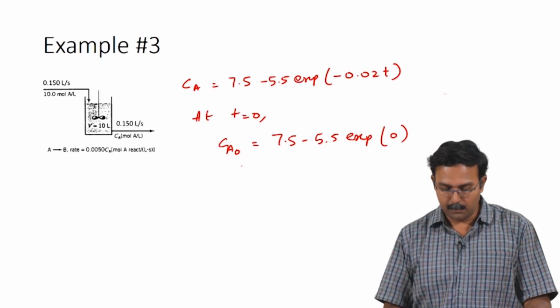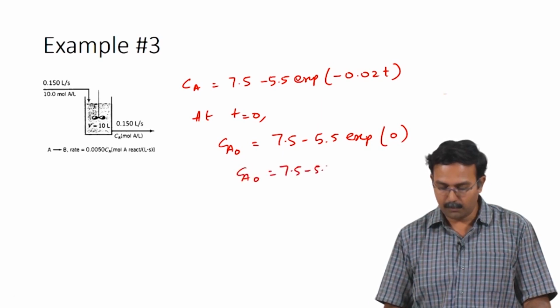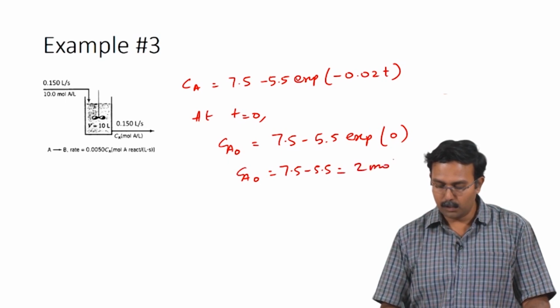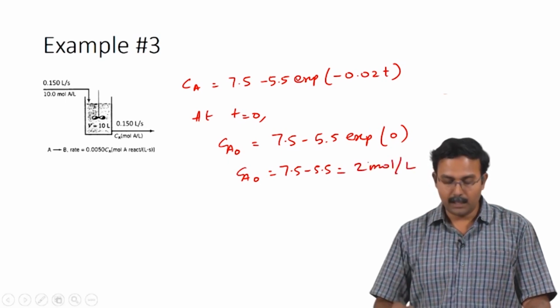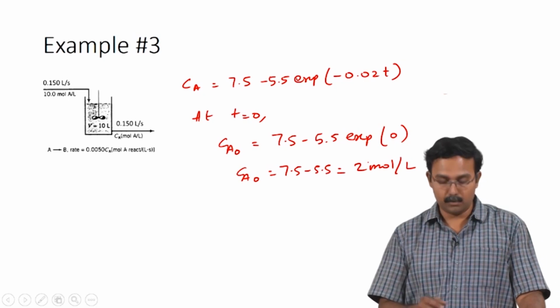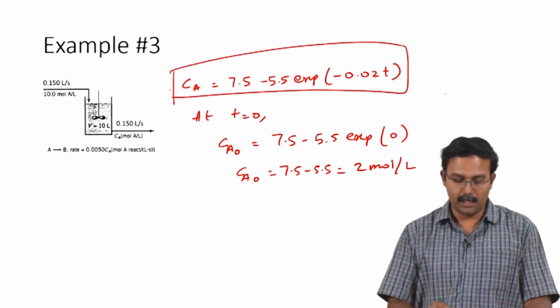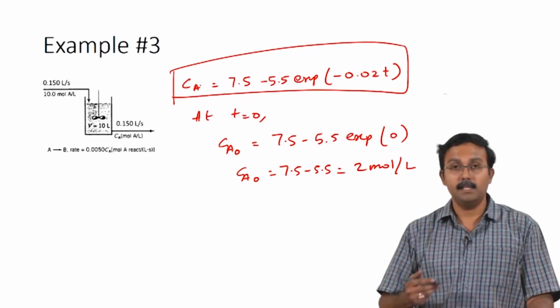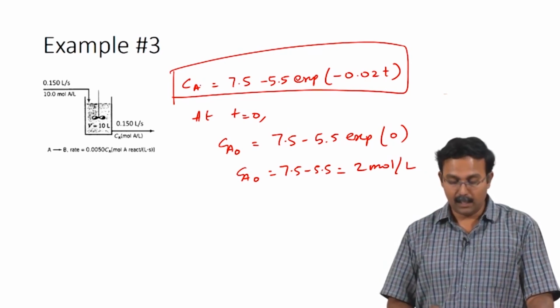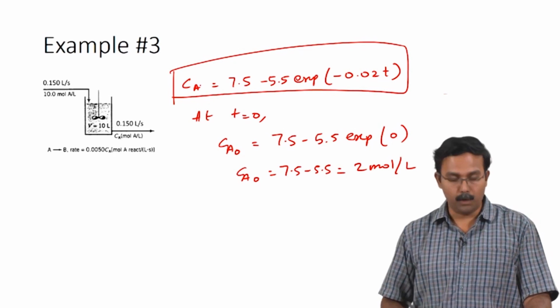So, this would make the equation Ca naught equals 7.5 minus 5.5, which is equal to 2 moles per liter. So, we are able to verify and get the correct answer. It means that the equation we have, which is the correlation for Ca as a function of time, is accurate. So, the last part of this problem is to plot the curve.